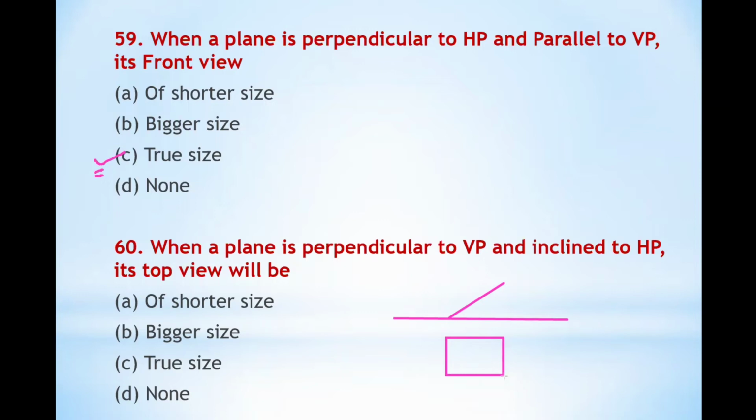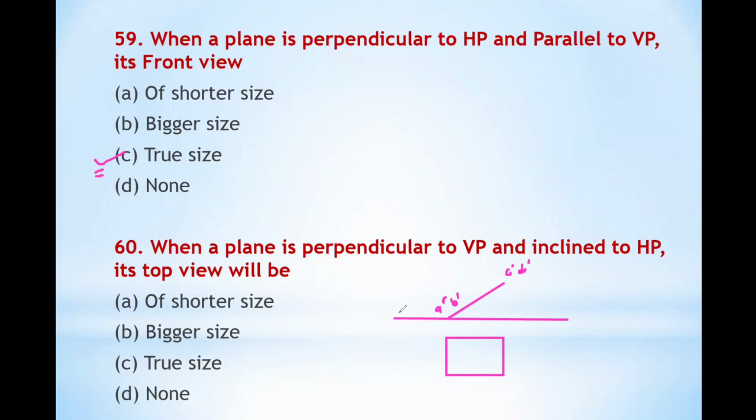Because in the case of projection of planes, we have studied some cases. We get the true size or true shape of a plane if the edge view remains parallel to the XY. Here, suppose this is a dash, b dash, and c dash, d dash, this edge view is not parallel.